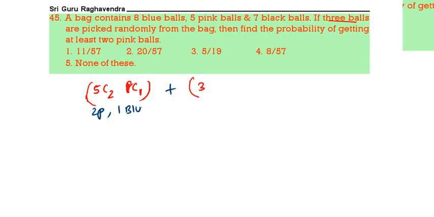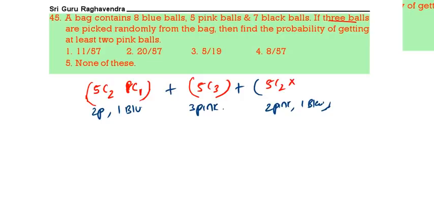Or we may get 3 pink. 3 pink means that is 5C3. At least 2 pink means we can take 3 pink also. Or we may get 2 pink, 1 black. 2 pink, 1 black means it will be equal to 5C2 into 1 black, 7C1.